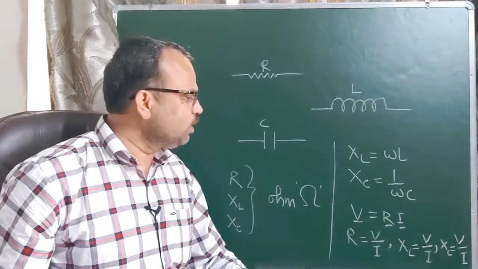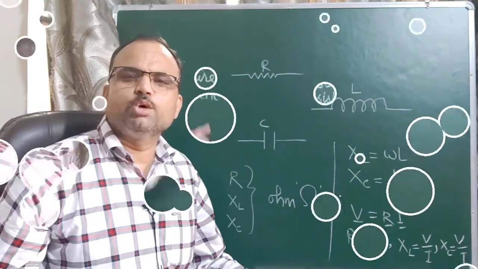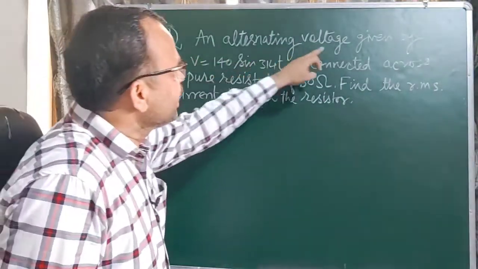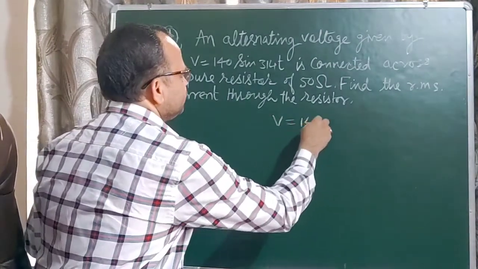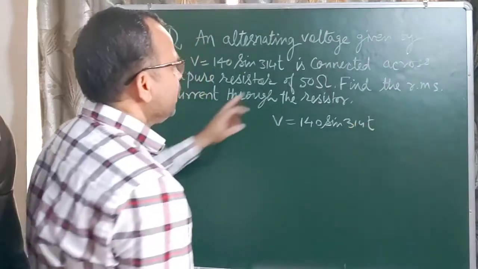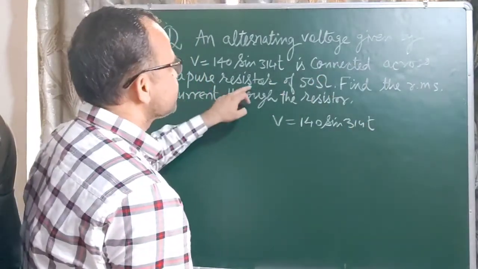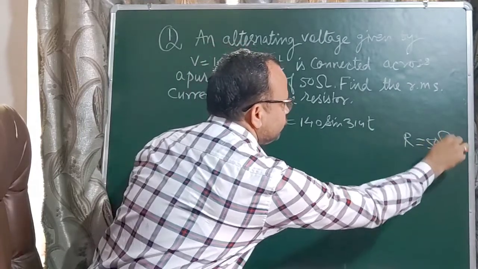right? So now we start with different types of numerical problems. An alternating voltage is given by V equal to 140 sin 314 t. It is connected across a pure resistor, meaning R equal to 50 ohm.